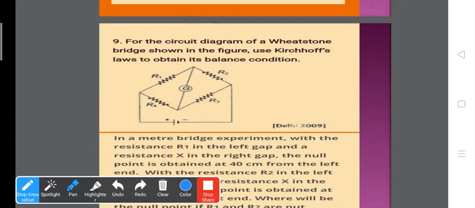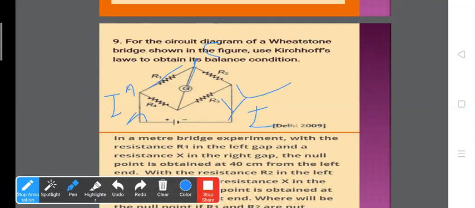For the circuit diagram of Wheatstone bridge shown in the figure, use Kirchhoff's law to obtain its balance condition. You have to find the balance condition of the Wheatstone bridge. For this, first assume current I is flowing in this circuit, and at this point I will be divided into two parts. The current flowing through AC is divided into two parts.